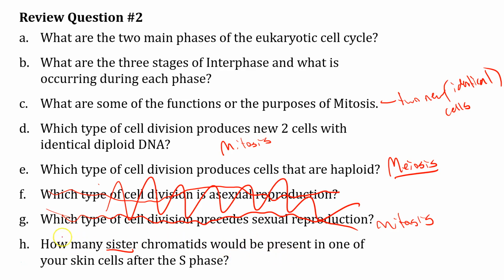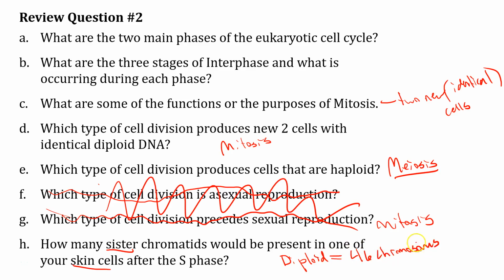So a skin cell, is it haploid or diploid? The answer is that it's diploid, because all cells except gametes are diploid. So if it's diploid, it means it has 2 sets of chromosomes, so it's got a total of 46 chromosomes.